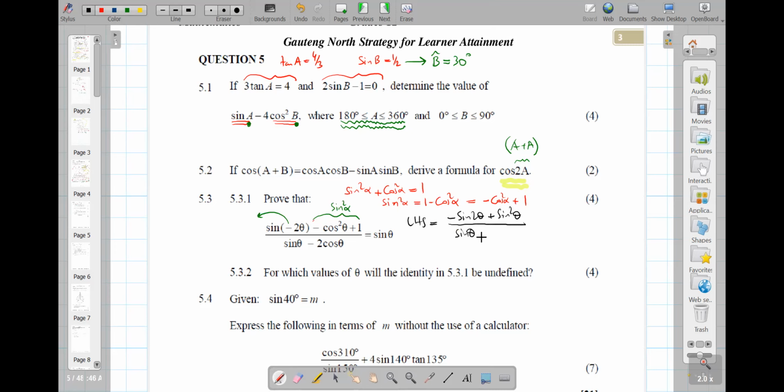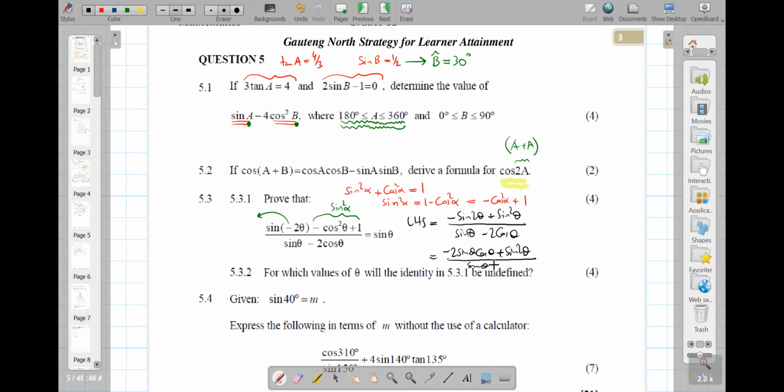With the double angle rule, then it will be factorization so that we can get the answer. So what is sine double angle? Negative 2 sine cosine, negative 2 sine cosine plus sine square over that whole thing.